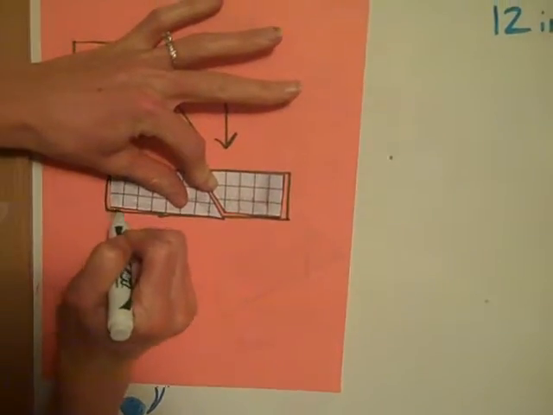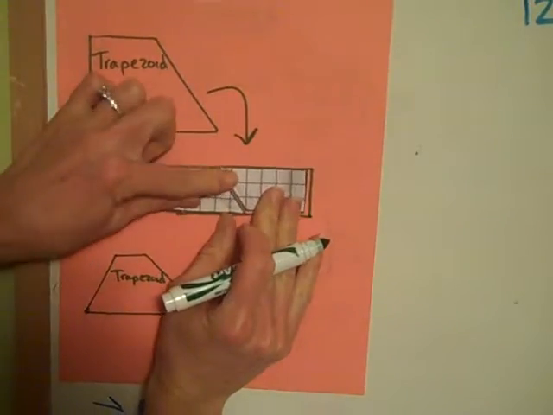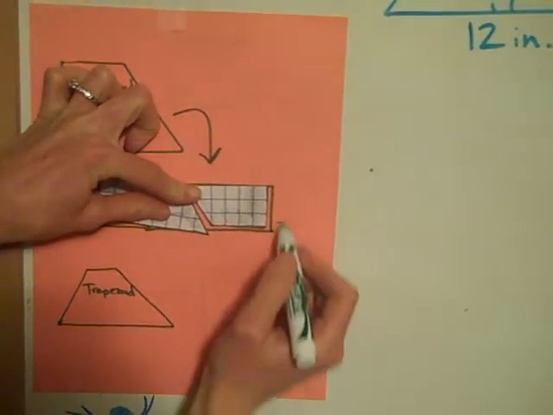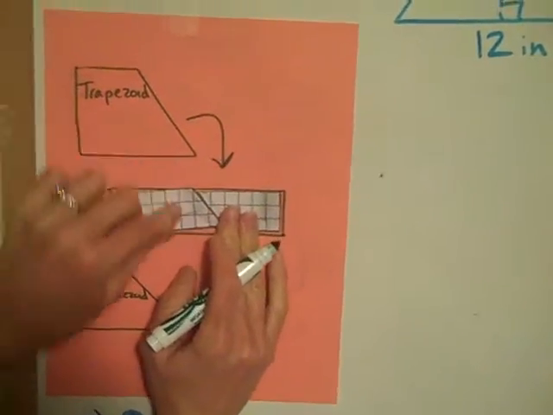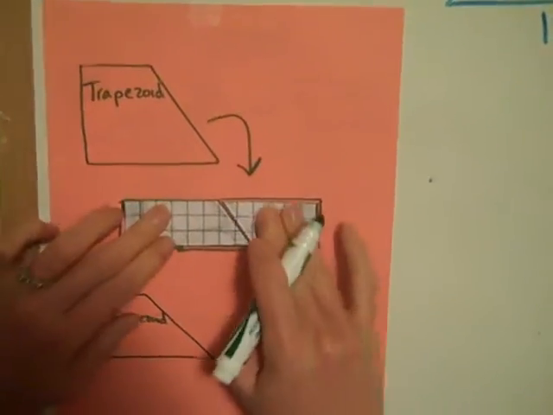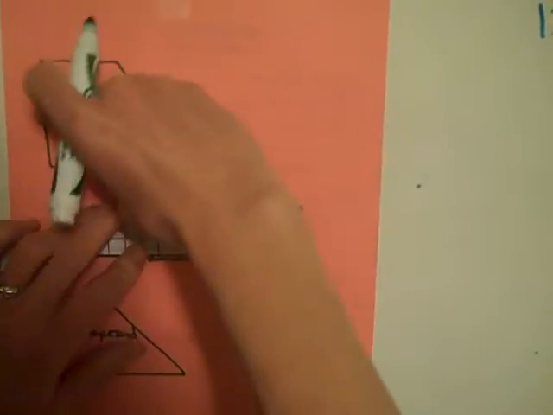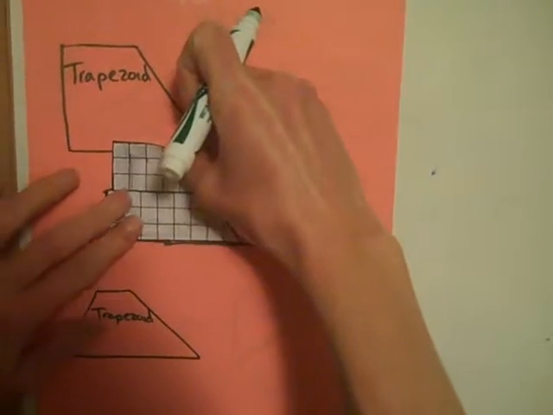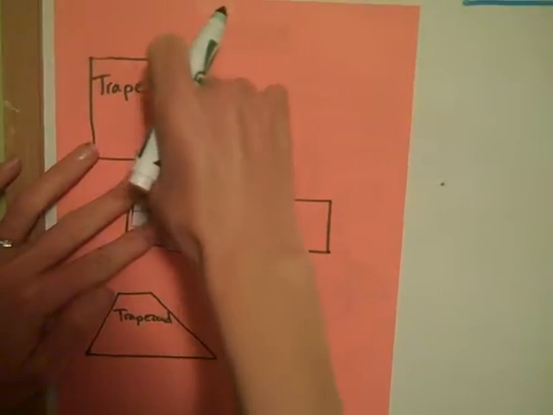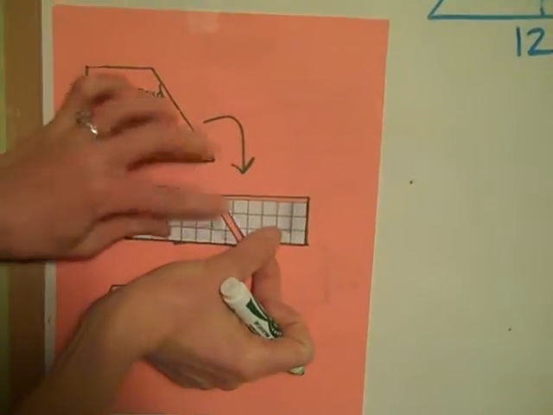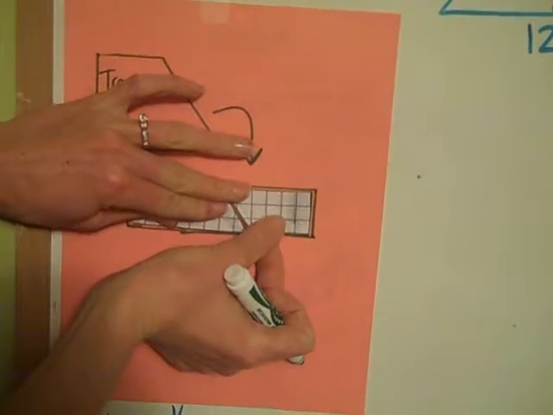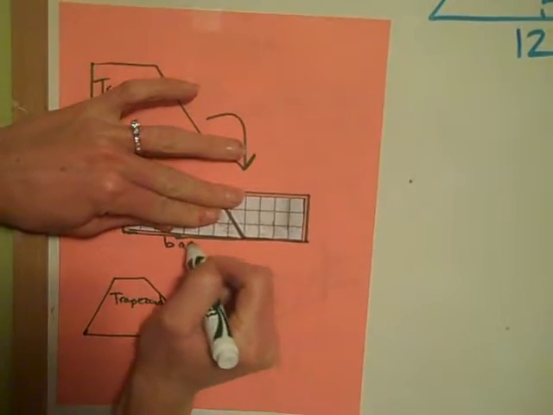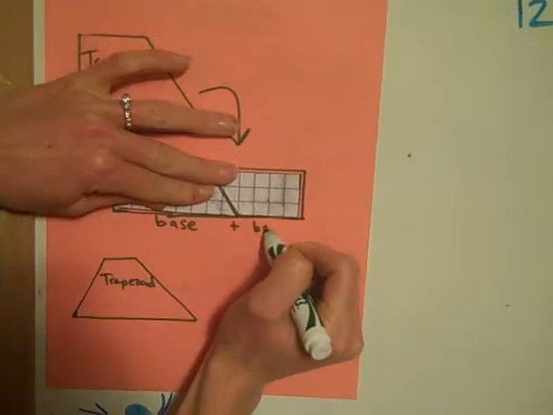We already know the area formula of a rectangle is base, or length, times width. So what is the length of our trapezoid? Well, if you look back to the original, we took the two bases, base, base, and now they are together. So I took this base and I added it to this one.